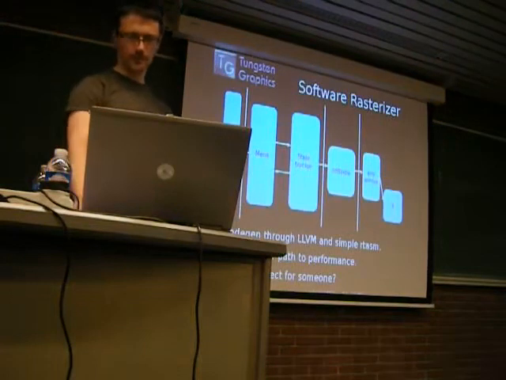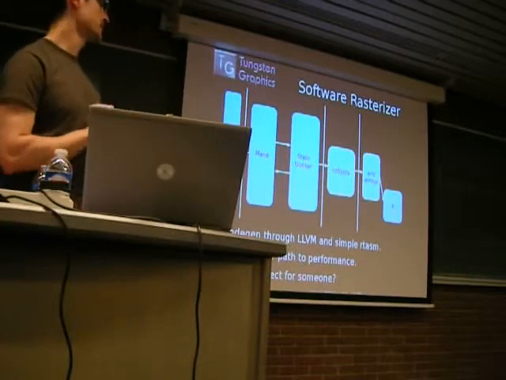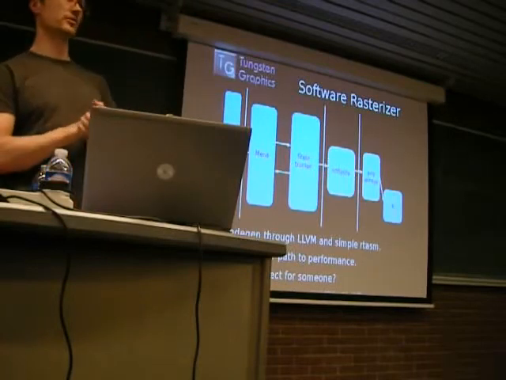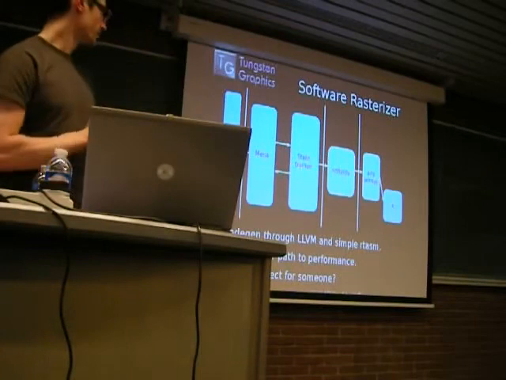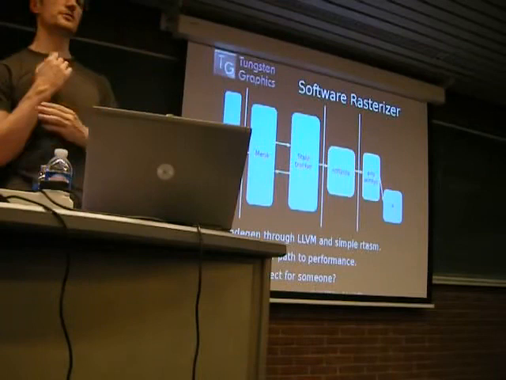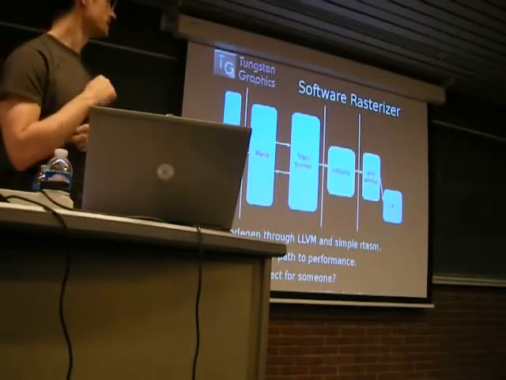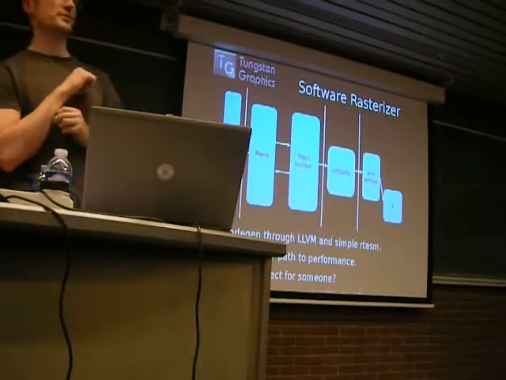Software rasterizer I talked about. You get some buzzwords like LLVM, which is a really cool compiler architecture useful for runtime code generation. We have code there to compile fragment shaders dynamically using LLVM. To really finish the project, you want to compile a lot more than just the fragment shader.